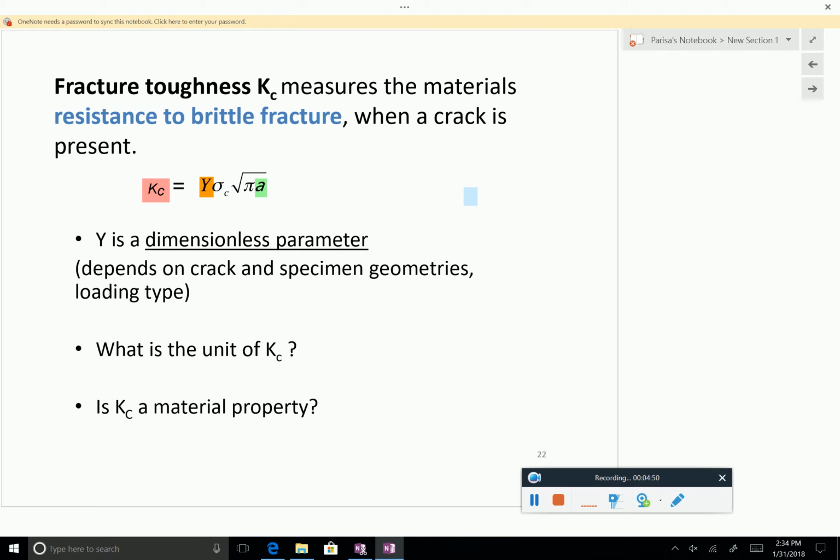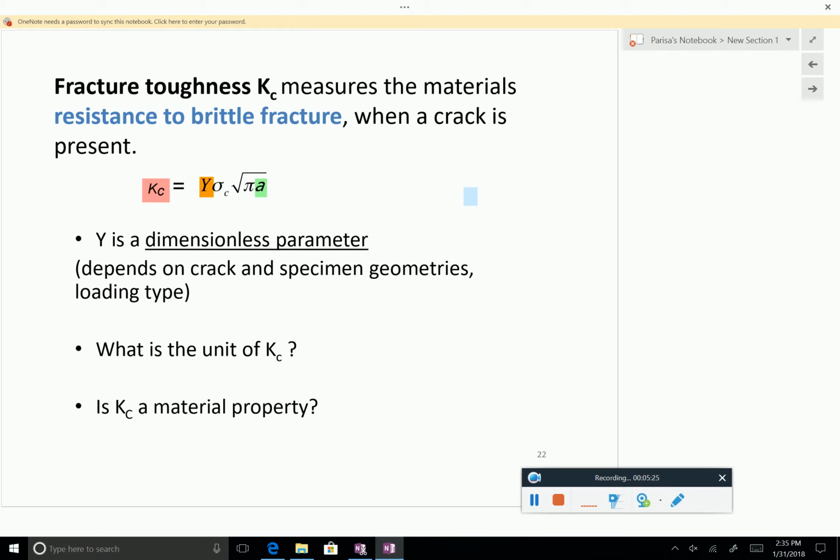This is a measure of resistance to fracture propagation, resistance to brittle fracture propagation. Let's see what are the components. There is Y, which is a factor. It depends on the geometry of the specimen, geometry of the crack, etc. There is a stress, and then there is the size of the crack, which depends: if it is an internal crack, it's 2A. If it is a surface crack, it's just A.